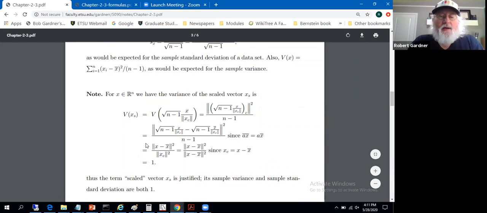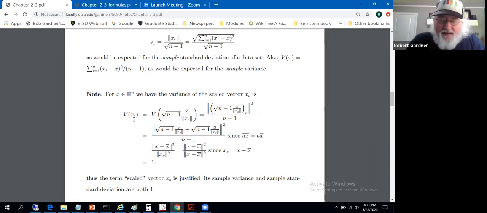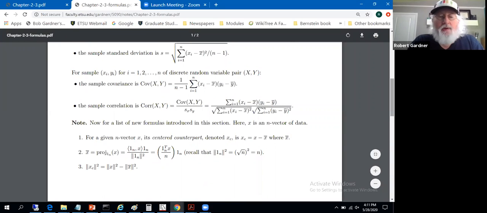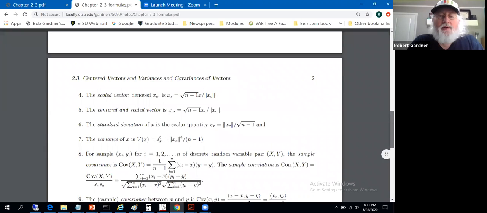Okay. Let's take the variance of this x sub s vector, that scaled vector above. Bouncing over here, I've got the scaled vector on the formula sheet as well. Here we go.